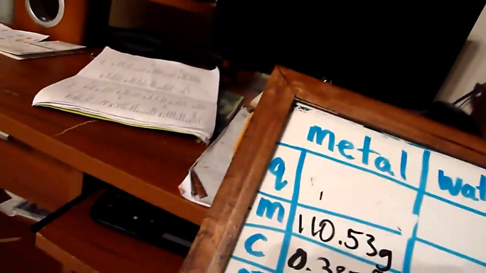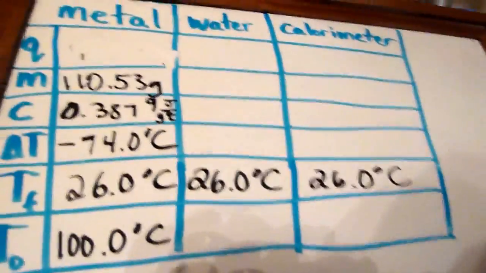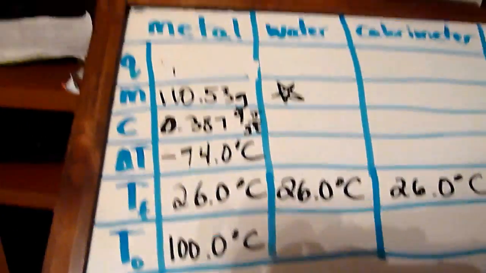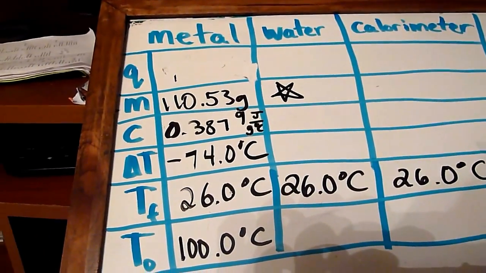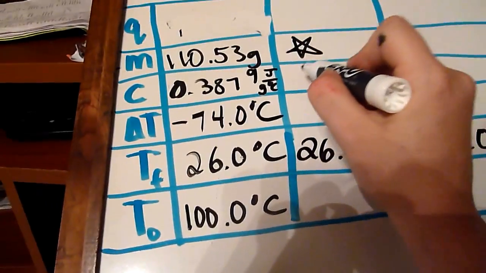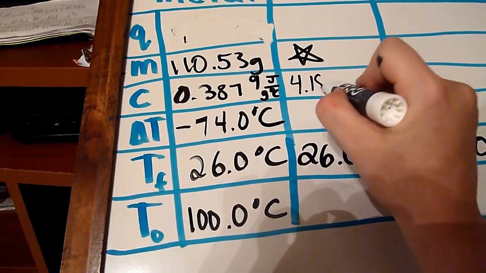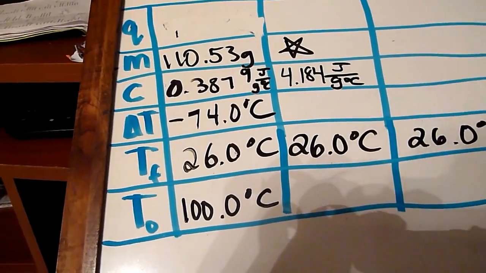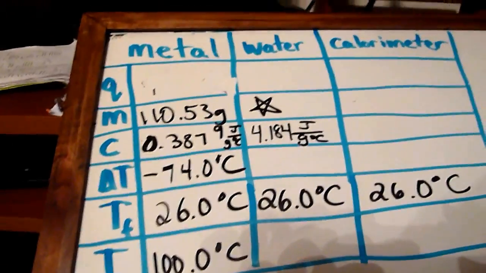What do we know about our water at the beginning of the experiment? Our whole goal in this problem is to find the mass of our water. We know that the specific heat of water is 4.184 joules per gram degree Celsius. That's a value you need to memorize.